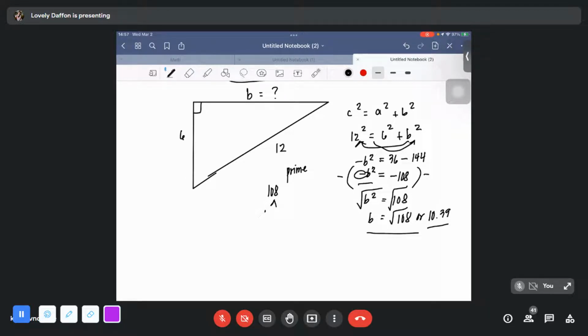Nalubat na gyud ko, ang akong pen. Sayang. Okay. So, since you have here 108, and then you have 2 and 54, 108, di ba, ang iyang ano is 2 and 54.